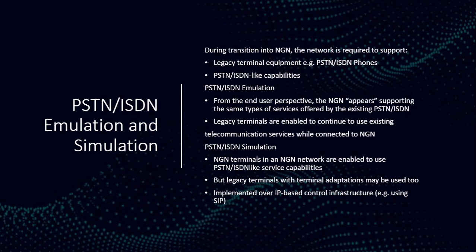Legacy terminals continue to use existing telecommunication services while connected to NGN. For the PSTN or ISDN simulation, the NGN terminals in an NGN network are able to use the PSTN or ISDN-like service capabilities, but legacy terminals with terminal adaptation may be used as well, implemented over an IP-based control infrastructure, such as using SIP.